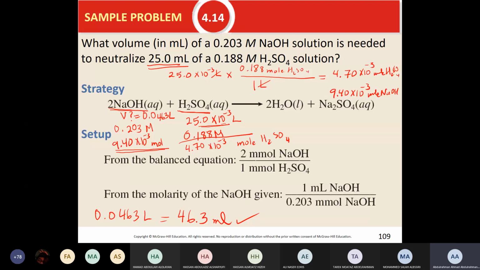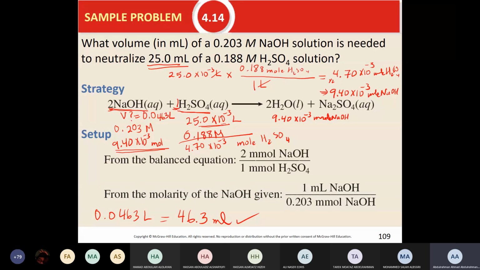You multiply this by 2 to get to this one, because it is 1 to 2. Then, if you know the number of moles and you know the molarity, what should you do? You should take the 9.40 times 10 to the power minus 3 mole NaOH.